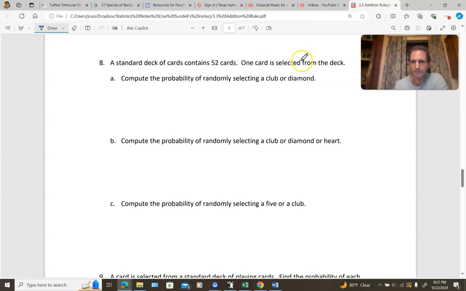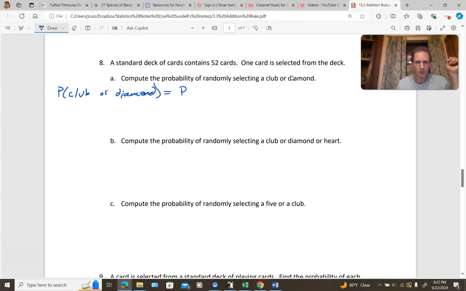Anyway, number 8. It says a standard deck of cards, we know this, contains 52 cards, and one card is selected from the deck. We want to compute the probability of randomly selecting a club or a diamond. This is really the same problem that we saw before.